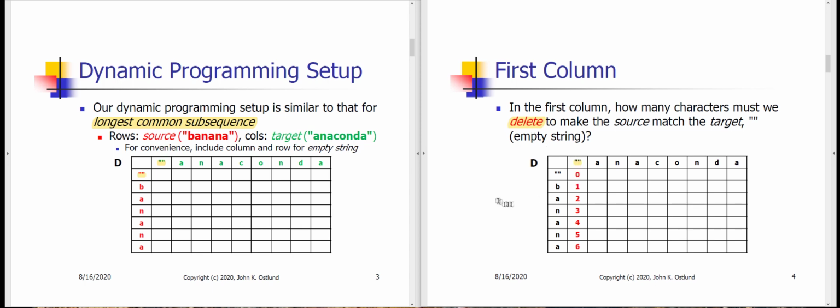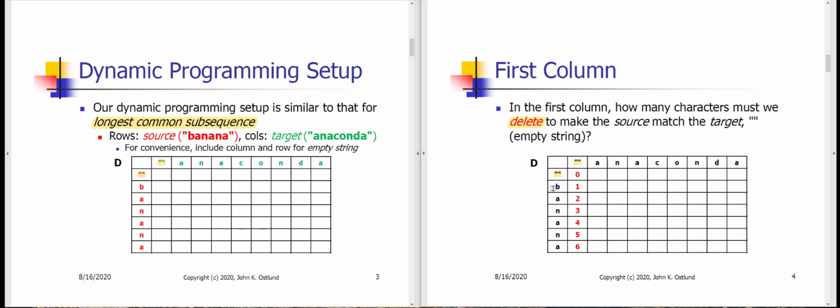So if our target is the empty string and our source string is some prefix of the word banana, then if the prefix is itself the empty string, there are no editing operations we need to perform in order for that part of the source string to look like that part of the target.